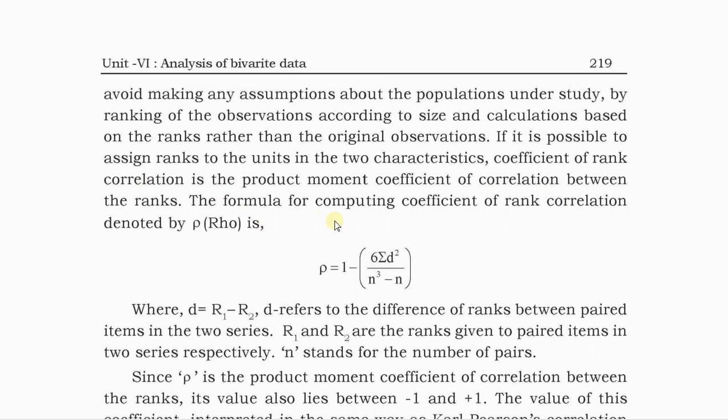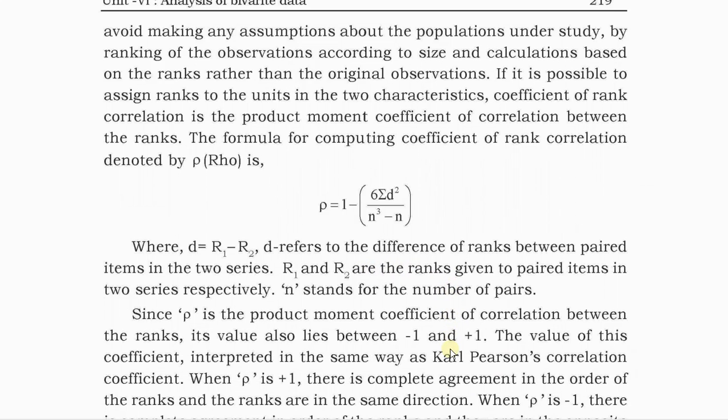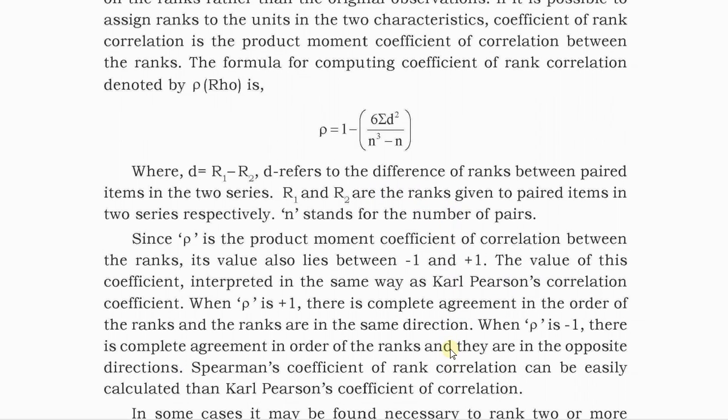The formula for computing the coefficient of rank correlation, denoted by rho, is rho equals 1 minus 6 times summation of d square divided by n cube minus n, where d is r1 minus r2 and d refers to the difference of ranks between the paired items. R1 and R2 are the ranks given to the two paired items in the series, and n stands for the number of pairs.